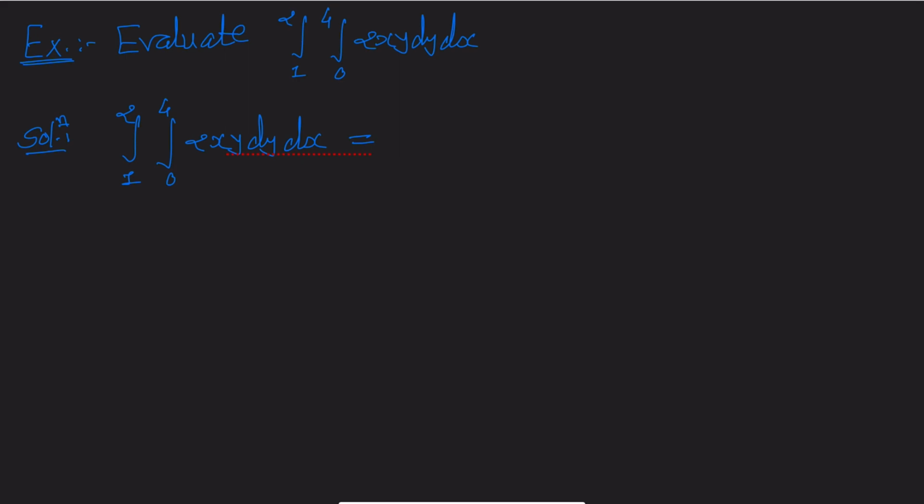What do we do? First we mention the limit of x and the limits of y. In this particular integral, y is inside and x is outside. So the inner limit is the limit of y. Let us write y is equal to 0 to 4, 2xy dy.